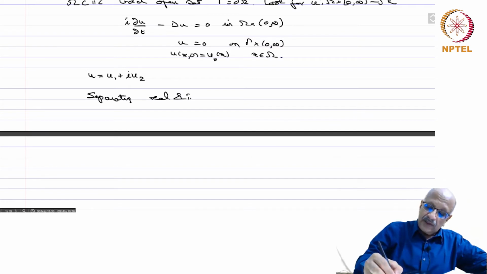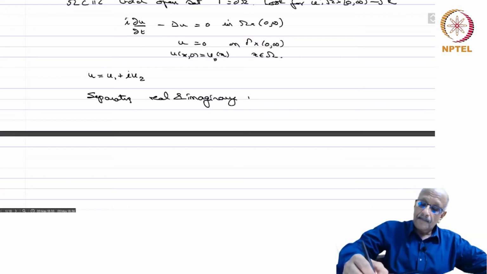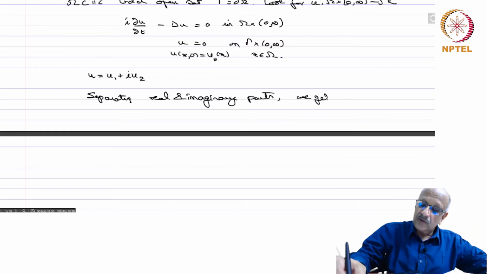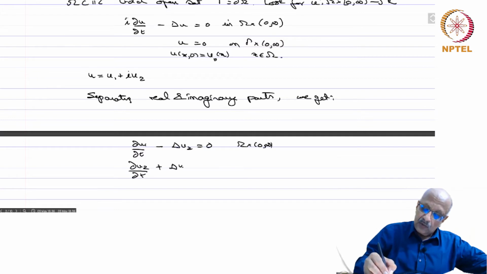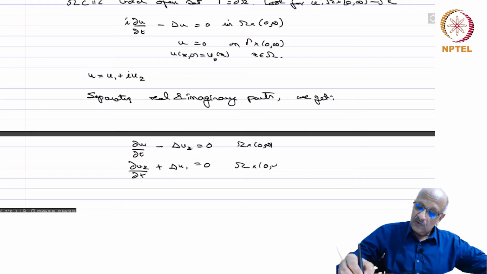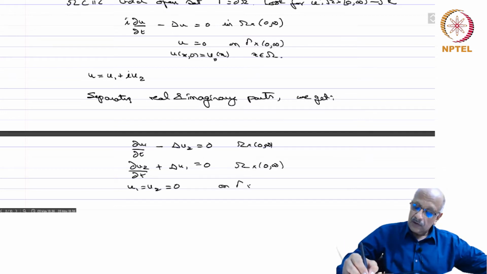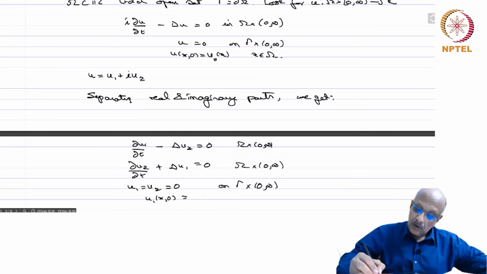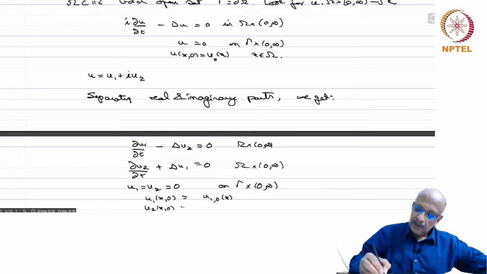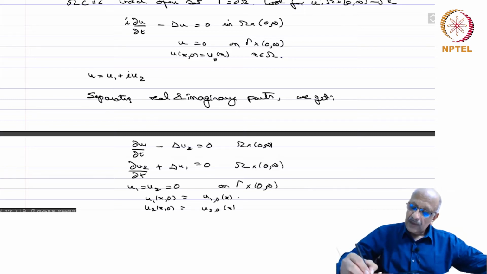Separating real and imaginary parts in this equation, we get the following system of equations: du1/dt minus Δu2 equals 0 in Ω × (0, ∞), du2/dt plus Δu1 equals 0 in Ω × (0, ∞), u1 equals u2 equals 0 on Γ × (0, ∞), u1(x, 0) equals u10(x), which is the real part of u0, and u2(x, 0) equals u20(x), for x in Ω.